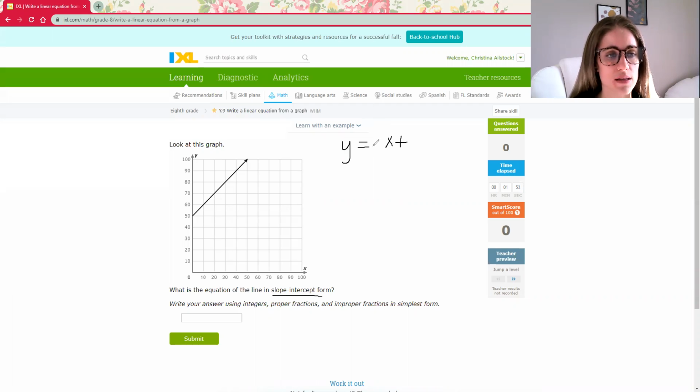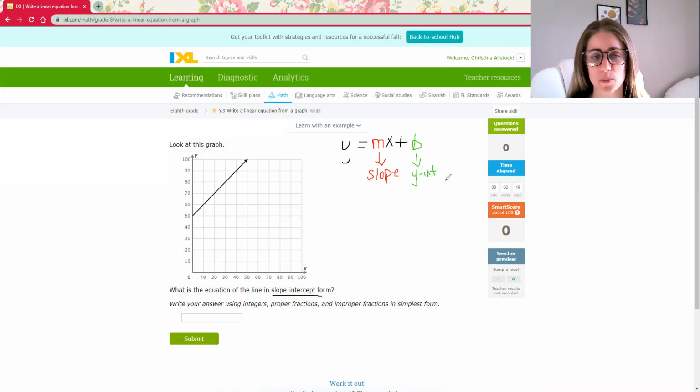What does the m represent? The m represents the slope of our line. What does the b represent? That is our y-intercept.